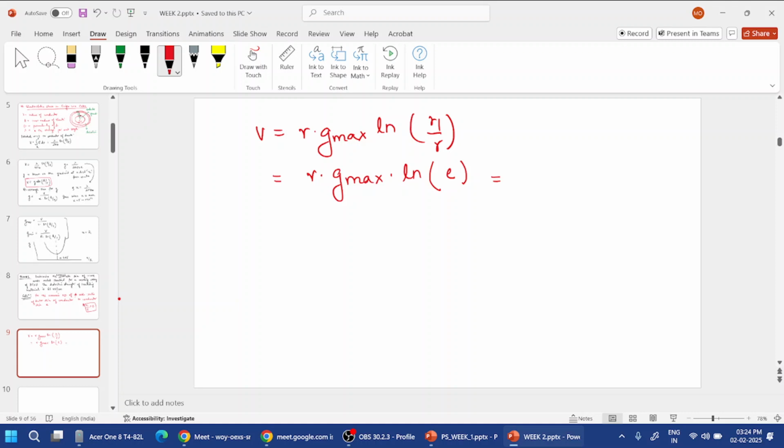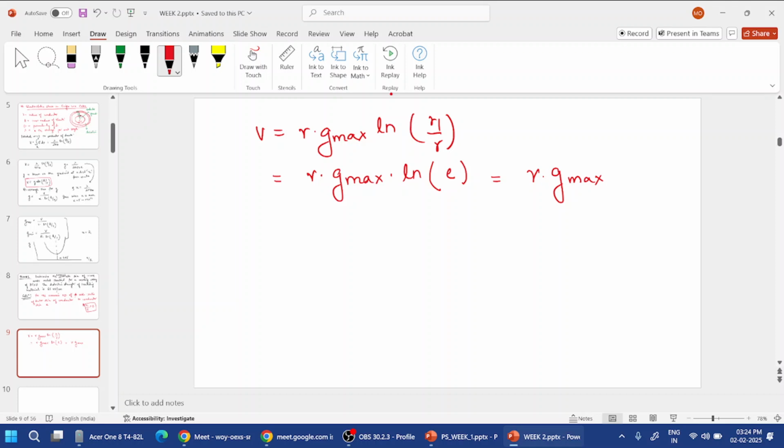Basically, it will come out to be R into G max.